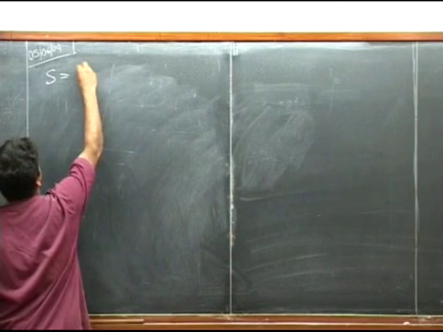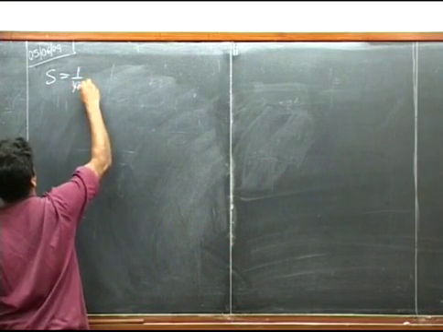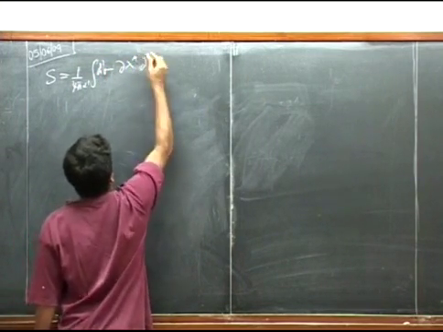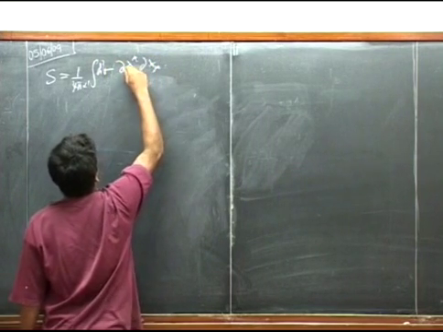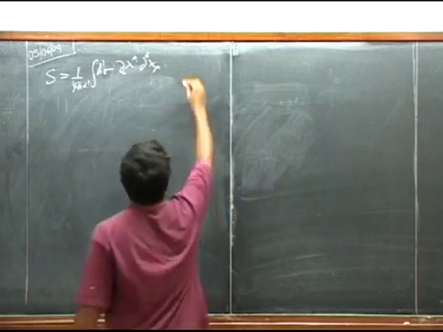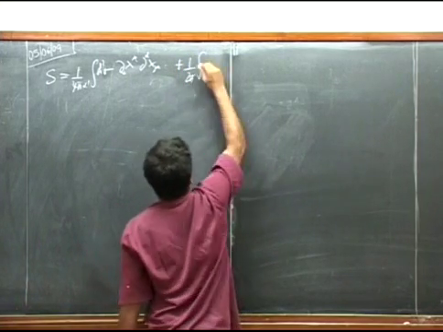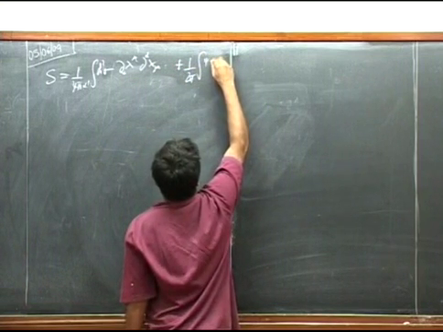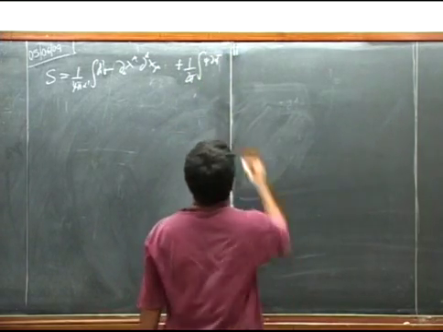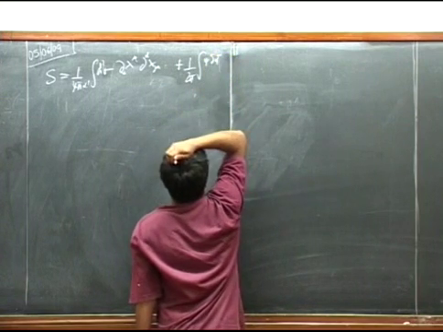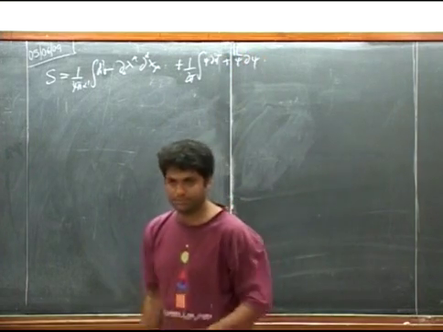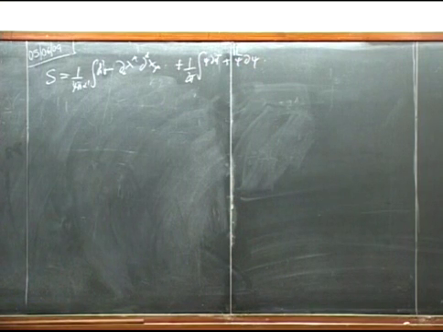The matter part of this was simply 1 by 4 pi prime into sigma, plus 1 by 2 pi psi del sigma plus psi bar del sigma. This was the matter part of the action.